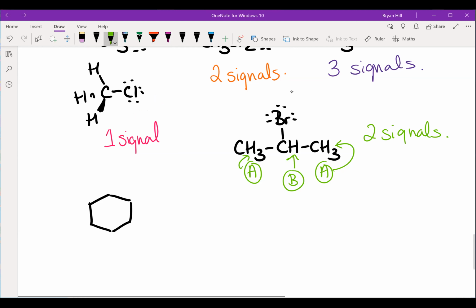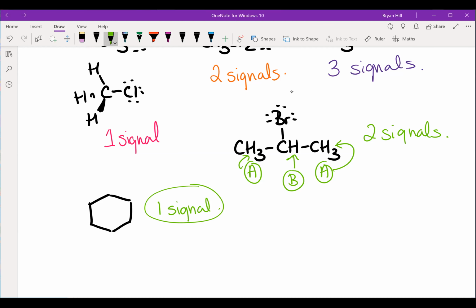Yes, so this would be one signal. There's a caveat to this, that being that cyclohexane is a chair. If you cool it down to a low enough temperature, you can actually distinguish between the axial and the equatorial protons. But for what we're doing, at room temperature, there would be one signal. All of these would be equivalent.